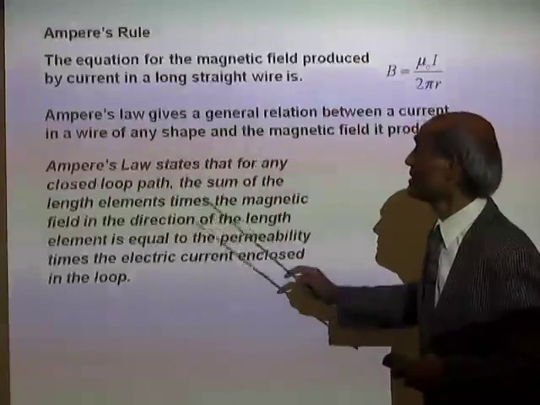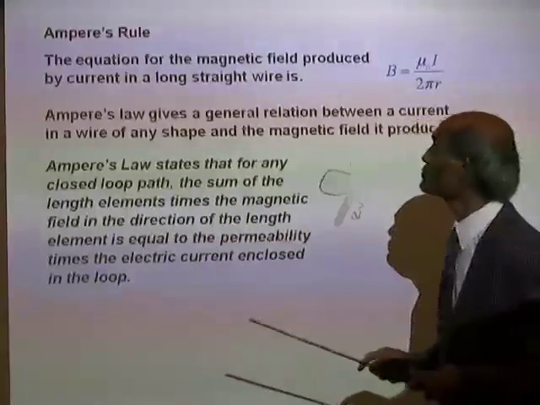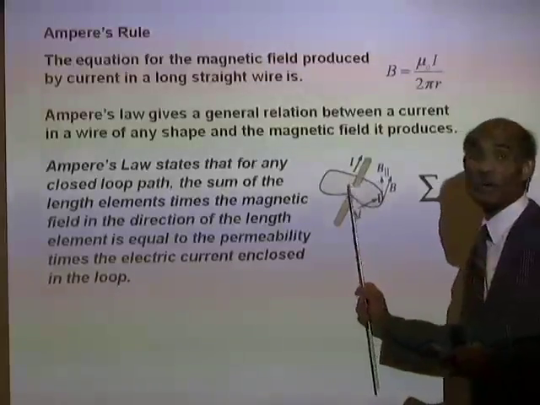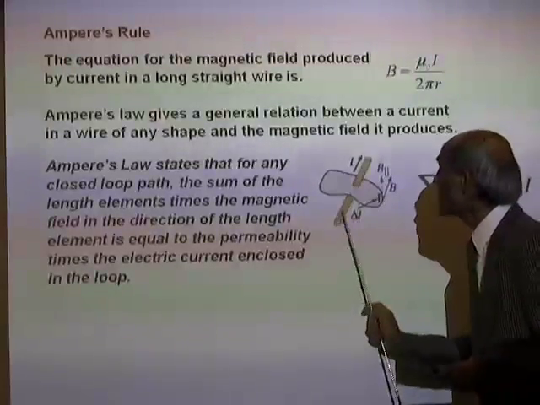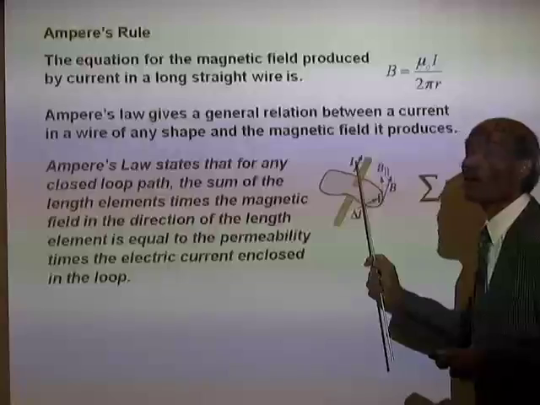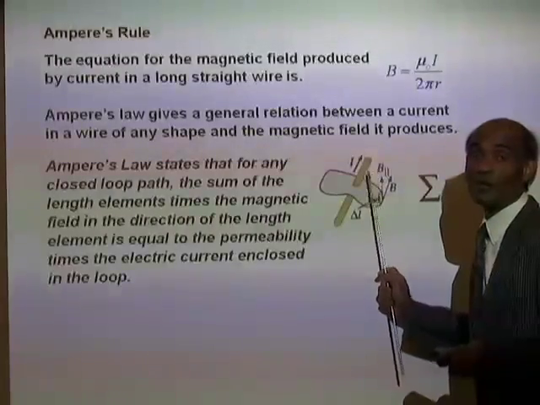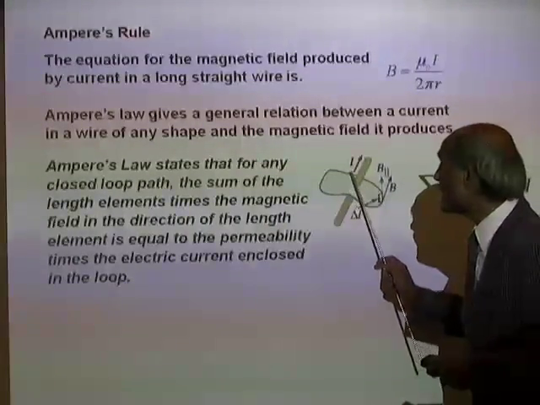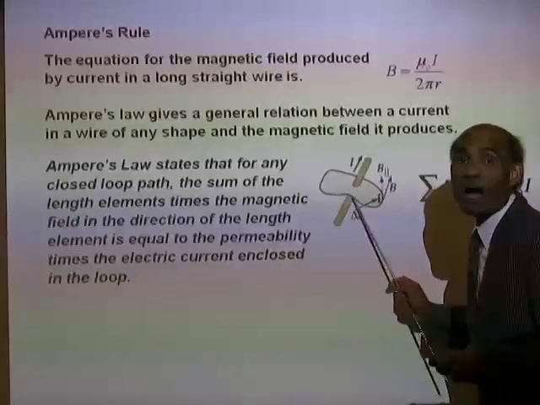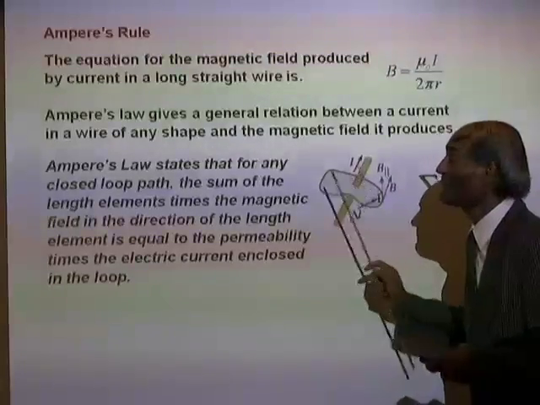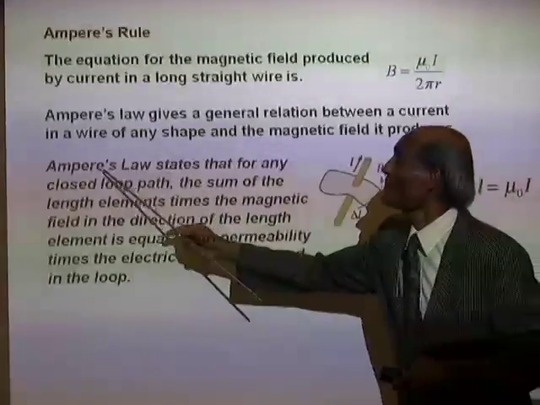Ampere's law states that for any closed loop path, now here I have a diagram, here is a conductor that is carrying a current I, and all we need to do is take any closed loop path around that conductor. Now that's what the law is talking about.